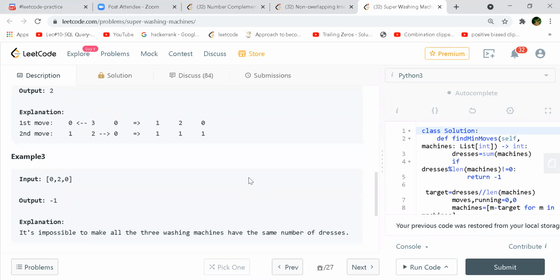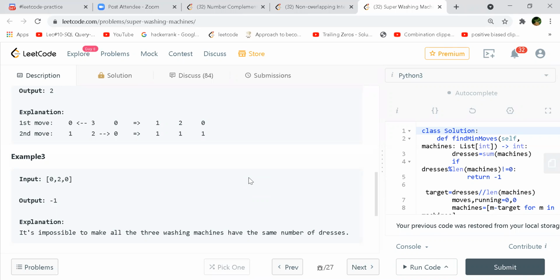Here it's not possible because the middle one will be a deficit, if it passes 1, 1 to both of them. So we can check if the sum of all the dresses is less than the number of machines, which we can't equally divide, right? At least it should be greater than or equal to the length of the array.